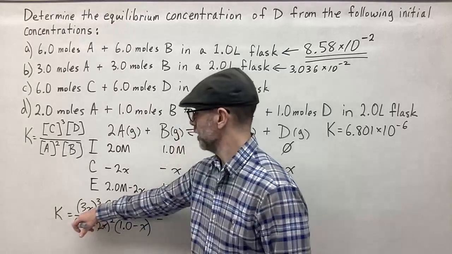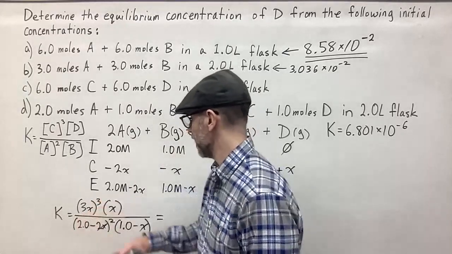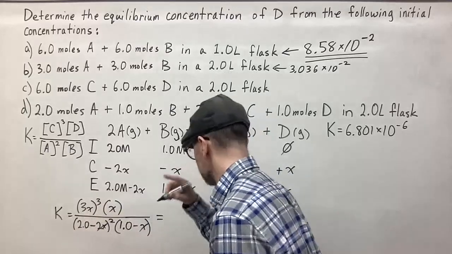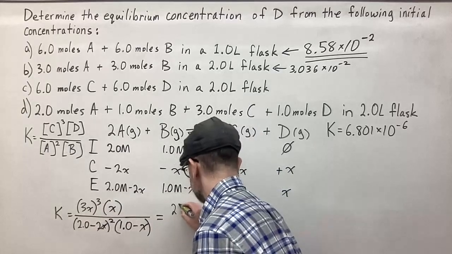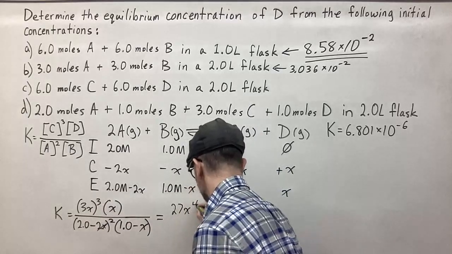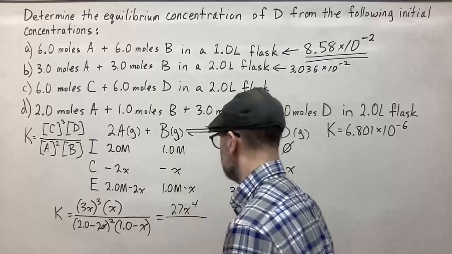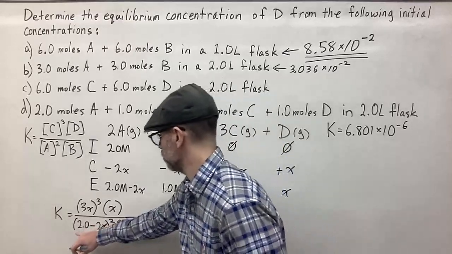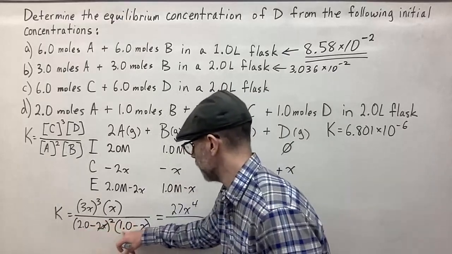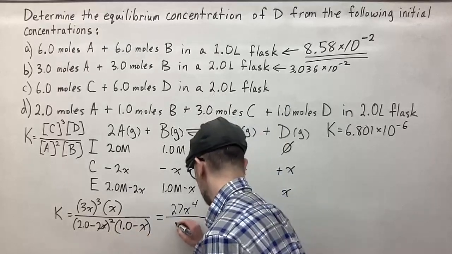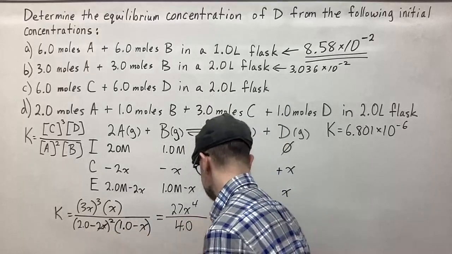So 3 cubed is 27, x cubed is x cubed, and then multiplied by x, that's going to be x to the 4th. So we're going to have 27x to the 4th power. And then this is going to be 2 squared, which is 4, and then we're going to multiply that by 1, which is still 4. So we got 4.0.